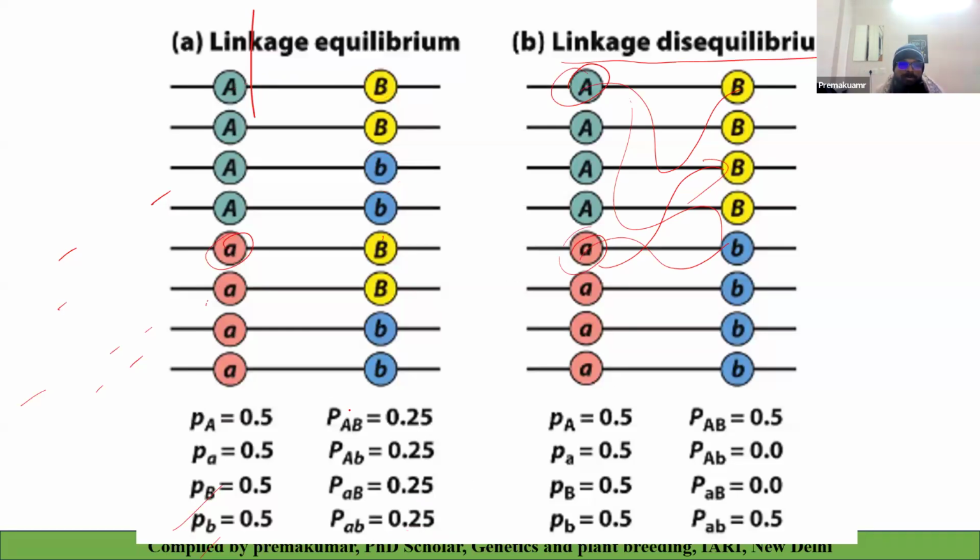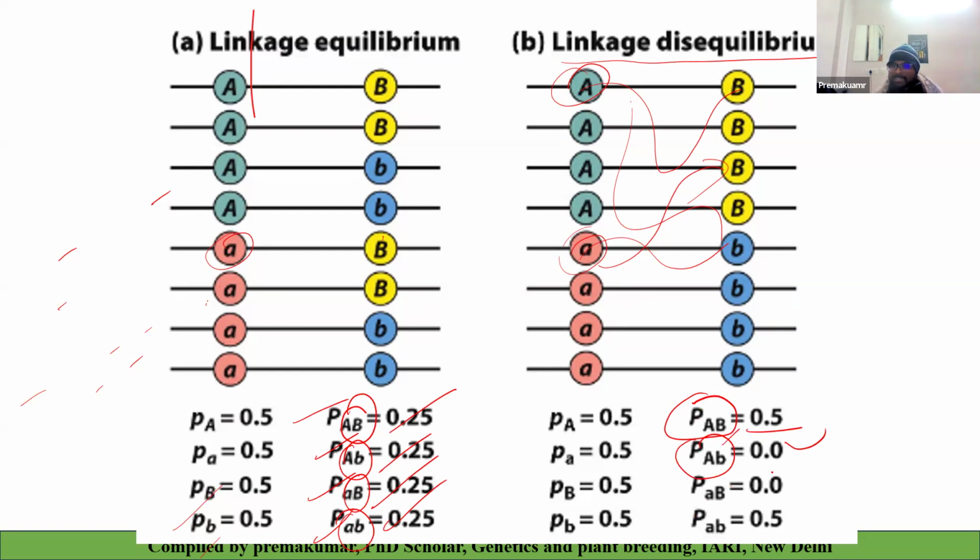See, the probability of capital A capital B, probability of A small b, probability of small a capital B, and probability of small a small b: all the possible recombinant genotypes have equal frequency. But you can check here. The probability of capital A capital B is 0.5, and the probability of A small b is 0, because A never goes with small b.